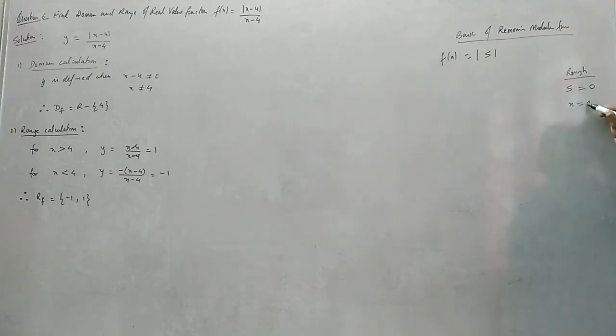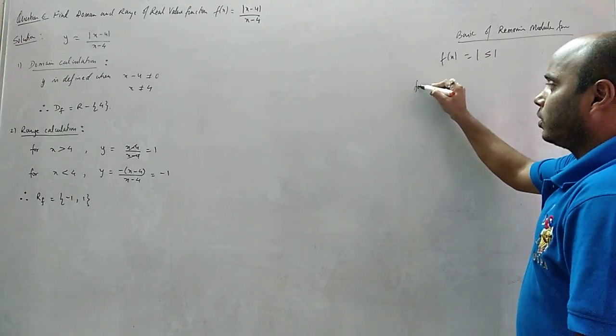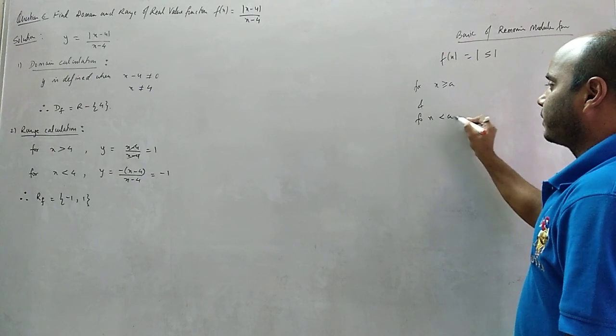From there you will get some x value, a. After solving, you will get some x value that equals a. Now for that x value you need to put two limits: for x greater than or equal to a, and for x less than a.